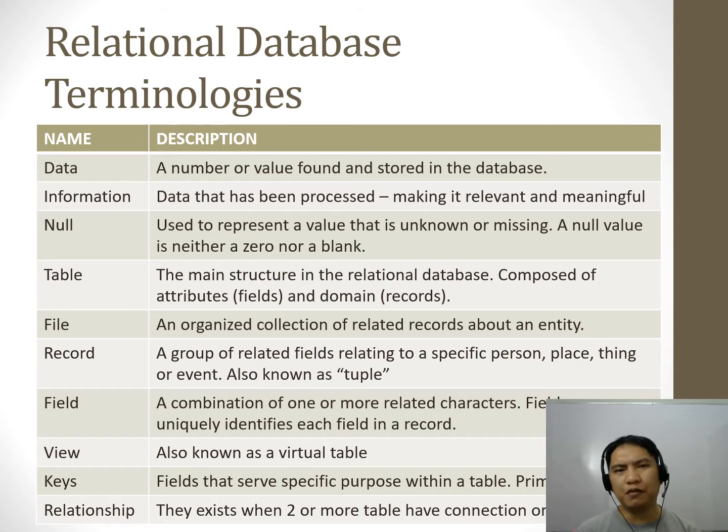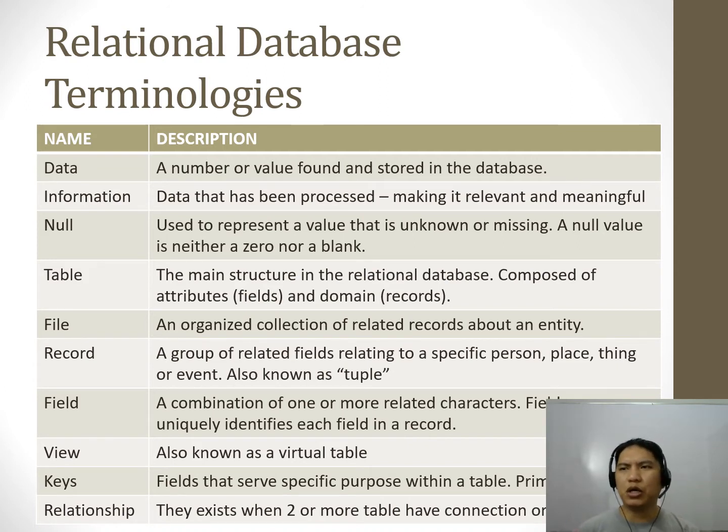When we talk about information, this becomes processed data, making it more relevant and meaningful. Then when we talk about null, null is something that is used to represent a value that is unknown or missing. A null value is neither zero nor blank. Yep, it's a little bit weird, but that's how it goes.